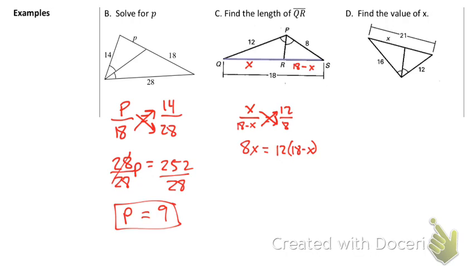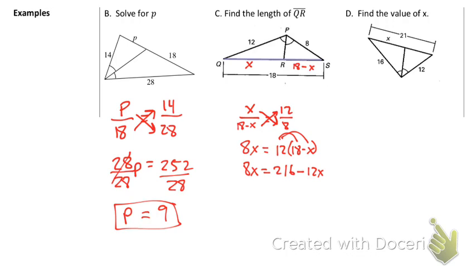Now let's distribute 12 times 18. So that's going to be 8X equal to 216 minus 12 times X. That gives me negative 12X.